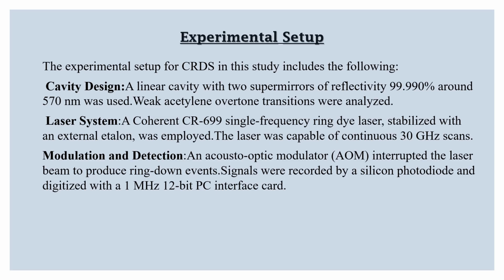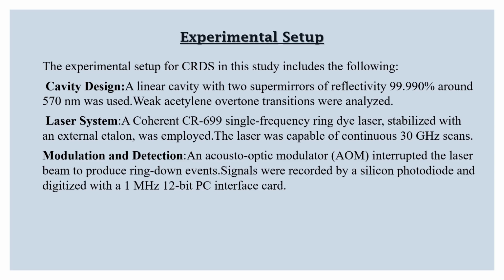Experimental setup. The experimental setup for CRDS in this study includes the following. First is cavity design. A linear cavity with two super mirrors of reflectivity 99.99% around 570 nanometer was used. Weak acetylene overtone transitions were analyzed. Second, laser system. A Coherent CR699 single frequency ring dye laser stabilized with an external etalon was employed.